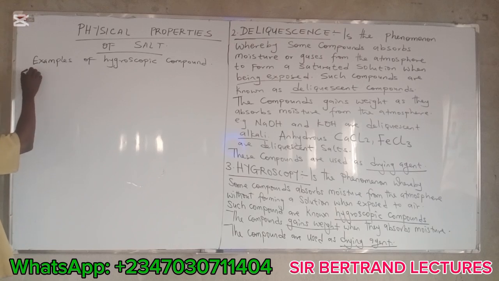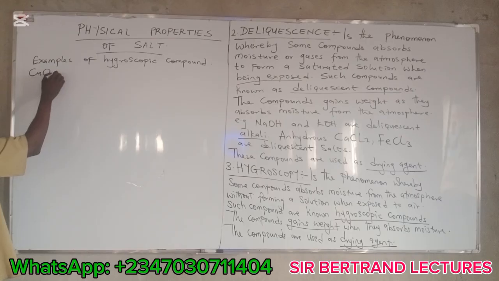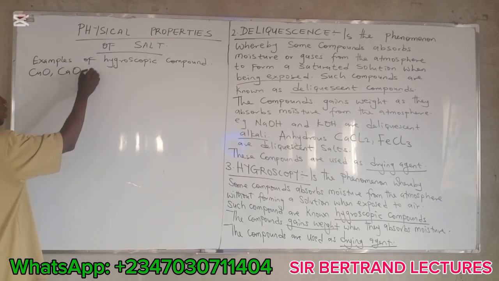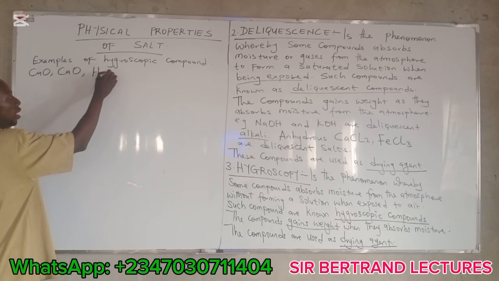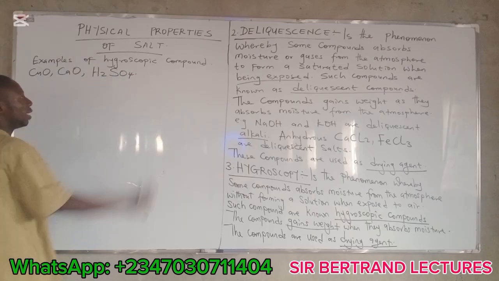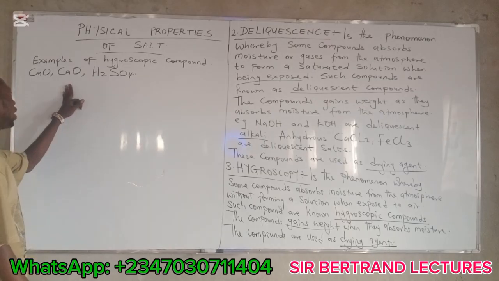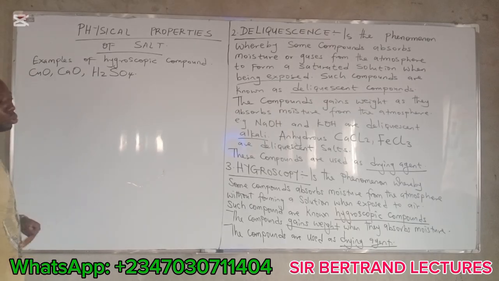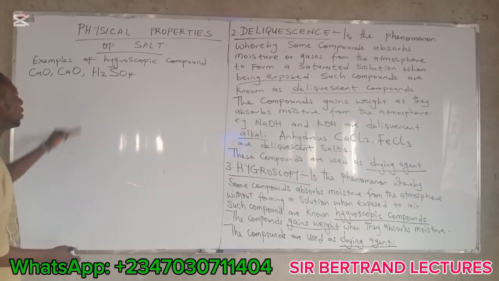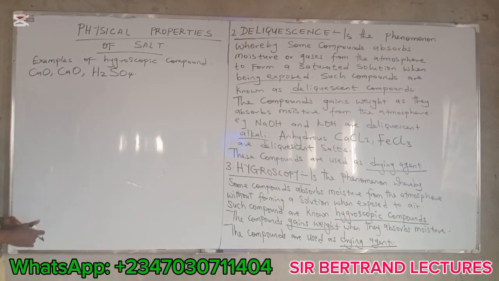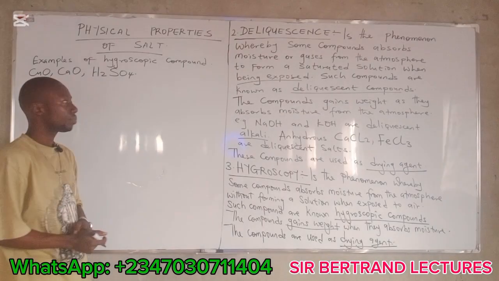We have copper oxide. We have calcium oxide, the quicklime. We have H2SO4. H2SO4, calcium oxide, copper 2 oxide. These are typical examples of hygroscopic compounds.